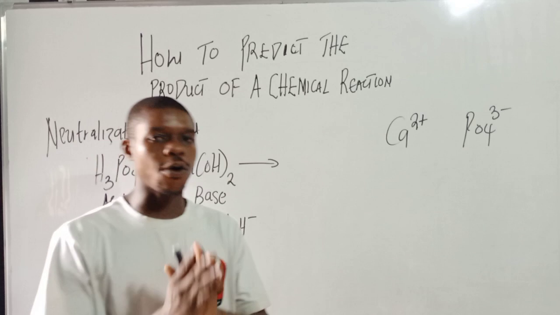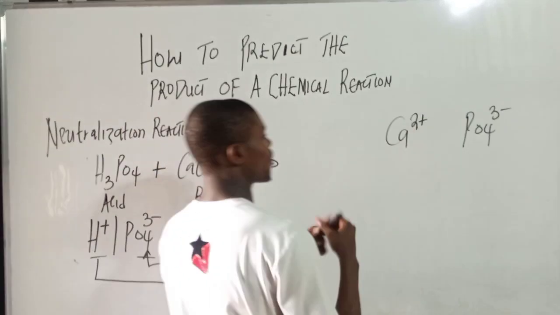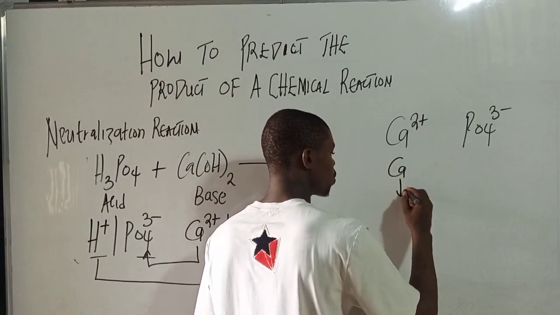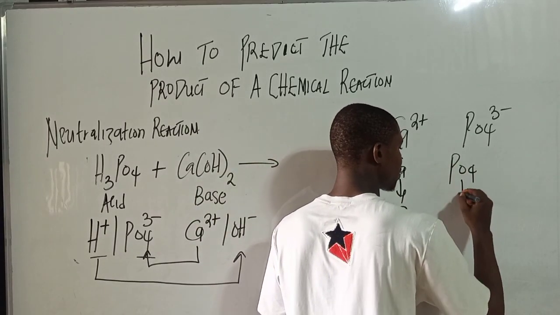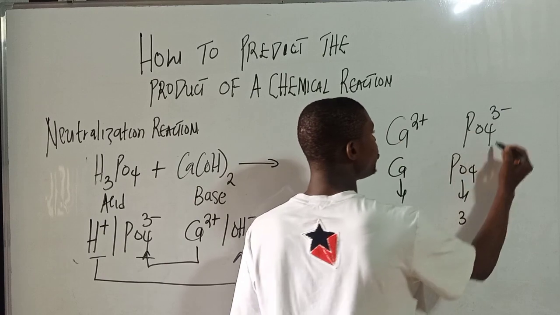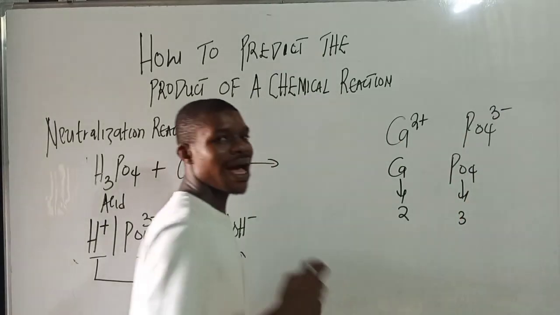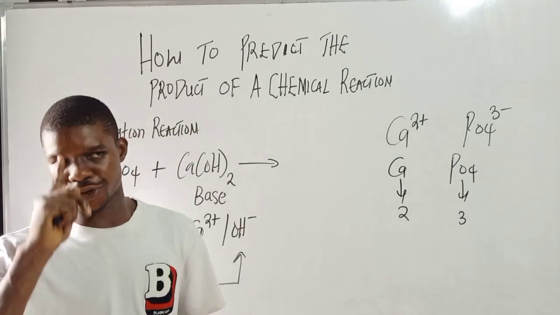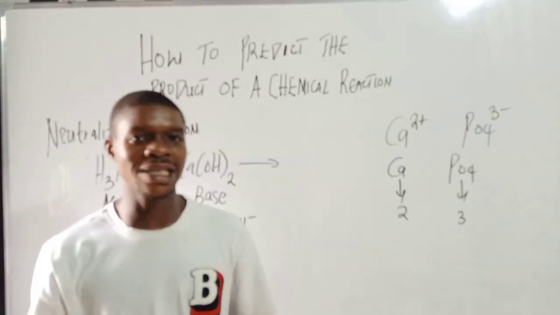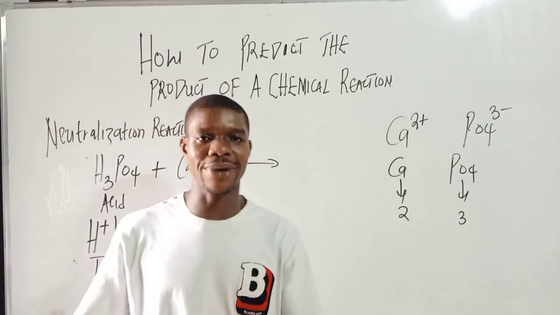So how do you now combine them? So here we have calcium having 2, right? Then here we have PO4 having 3. This is called polyatomic ions. As a chemistry student, you must know the common polyatomic ions. Do you get that? So you can see the display on the screen. You can copy them out or you can browse it.